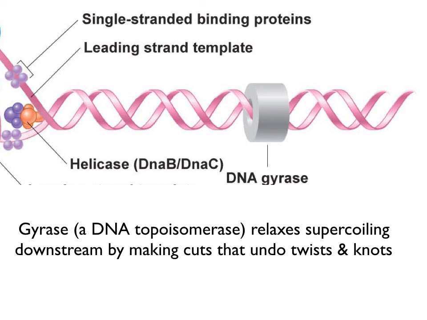And so what DNA gyrase does effectively, as this tension builds up in the double helix because the helicase is pushing it apart, it clips the double-stranded DNA, lets that supercoiling kind of spin itself out, and glues it back together. Okay? So it allows the DNA to unwind by the action of the helicase without getting all tangled downstream.